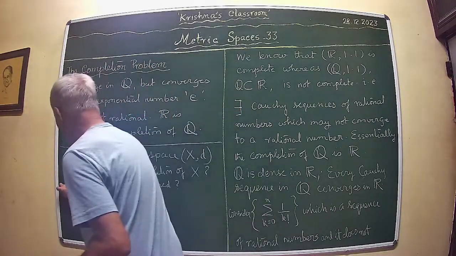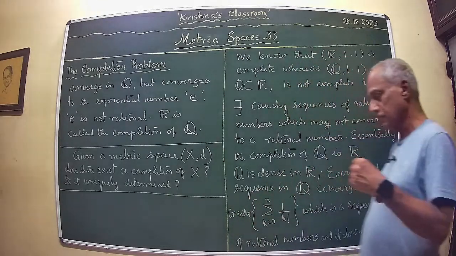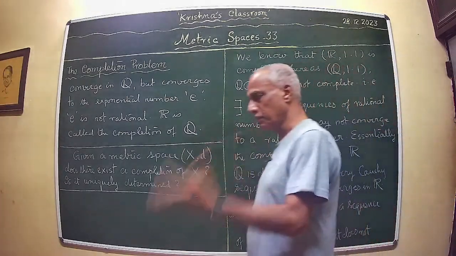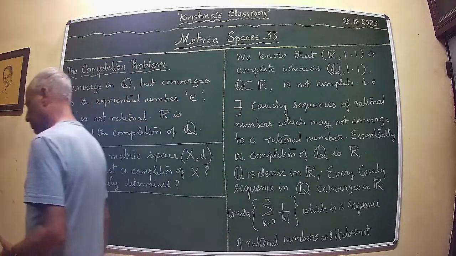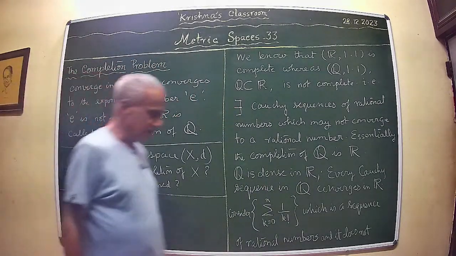So, see, in some sense, we see R is obtained or R is constructed as the completion of Q. And in some sense, it is unique.